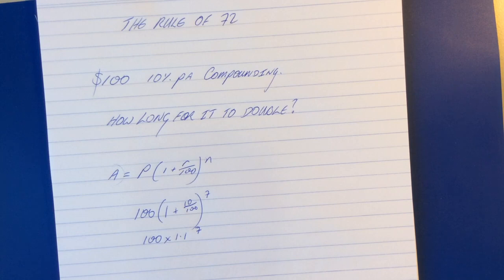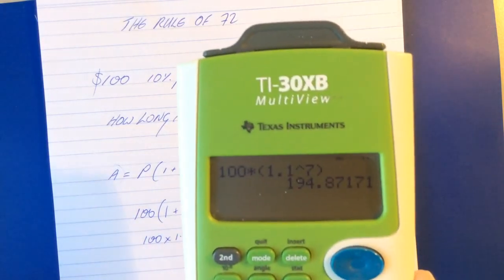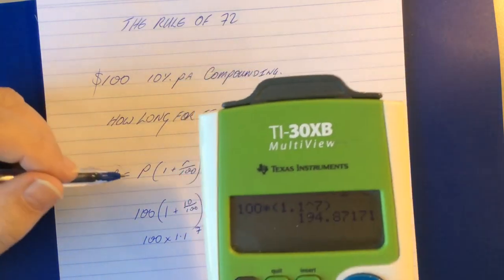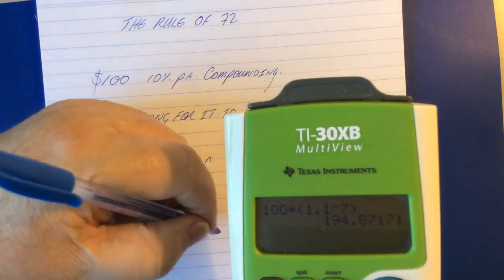So it is 100 times 1.1 to the power of 7. Let's just do that. There we are, $194.87.